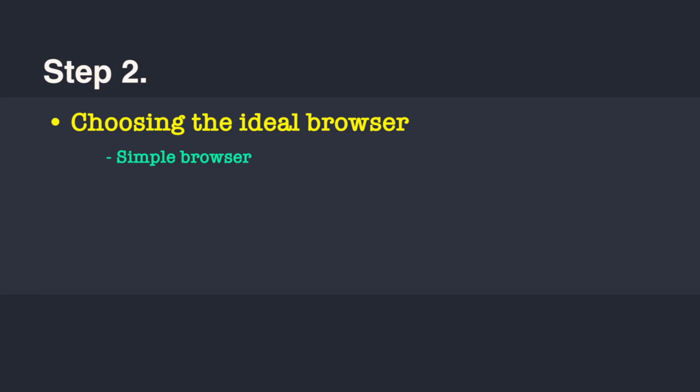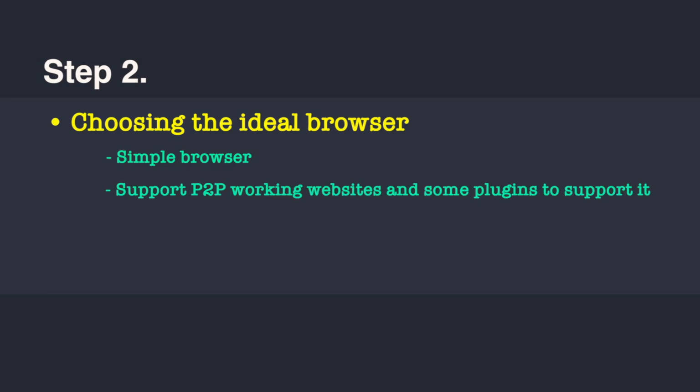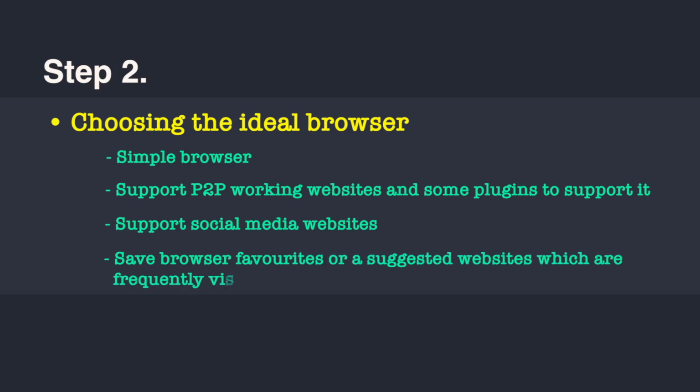You enter some website and it gives you a response. You might also want it to support P2P working websites, with some plugins to support it. You may want it to support social media websites so that you don't have to log in again and again and it maintains your session. You might as well want it to save your browser favorites or suggested websites that you frequently visit.